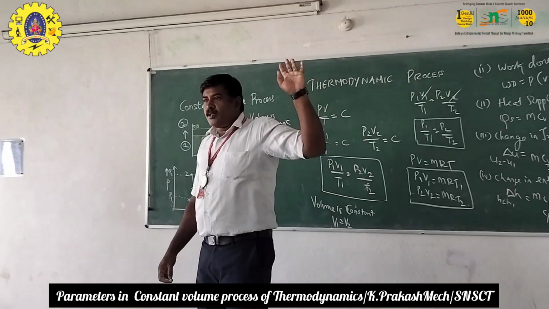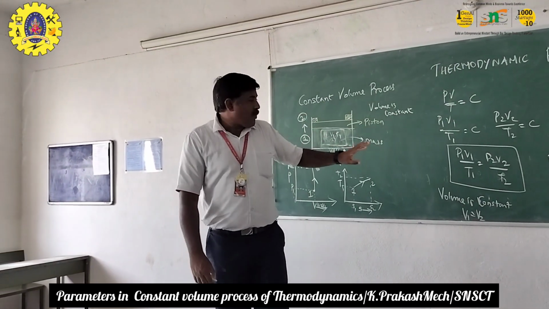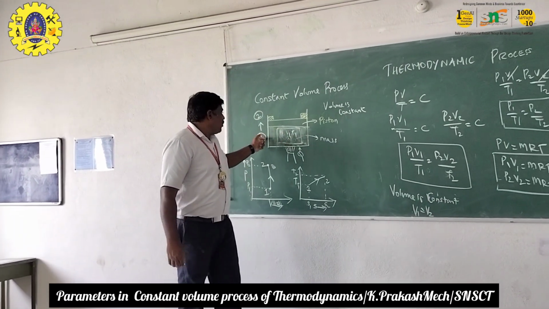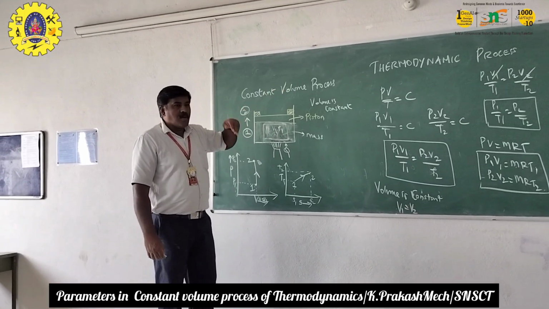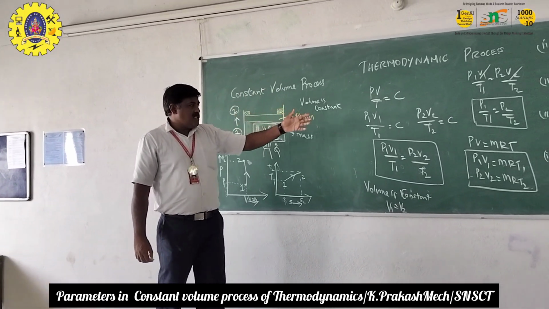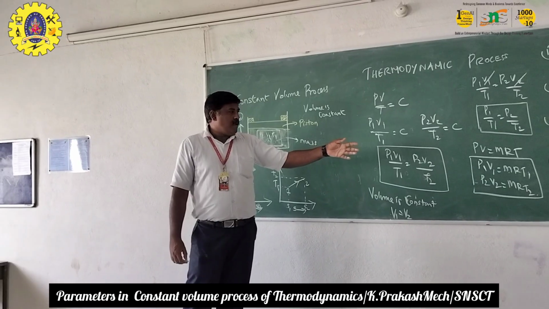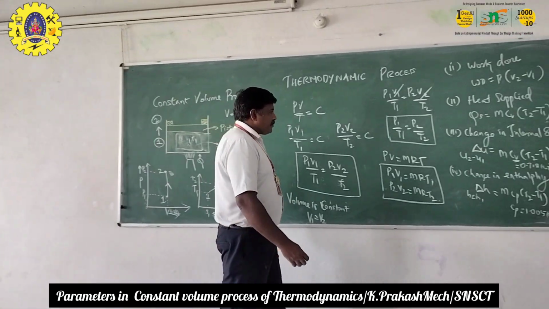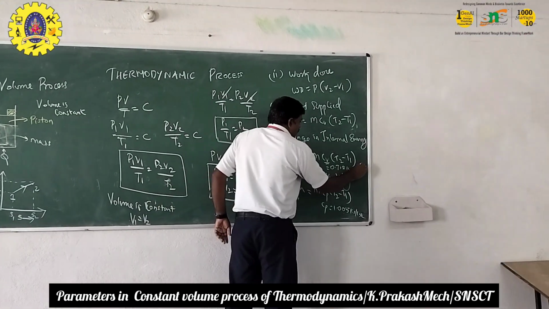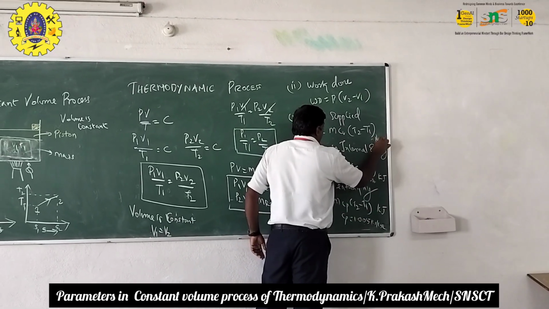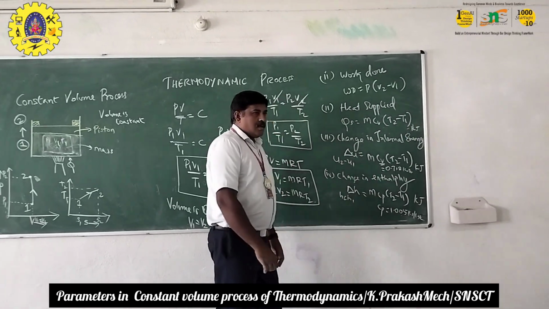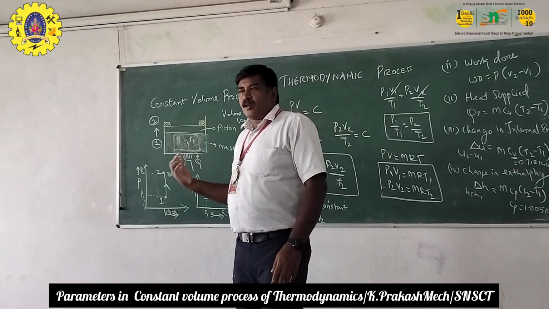By using these formulas, we can find out all the properties from state 1 to state 2. We can find what is the work done, what is the heat supplied, what is the change in internal energy, and what is the change in enthalpy. The unit may be in kilojoules. So this is about our constant volume process.